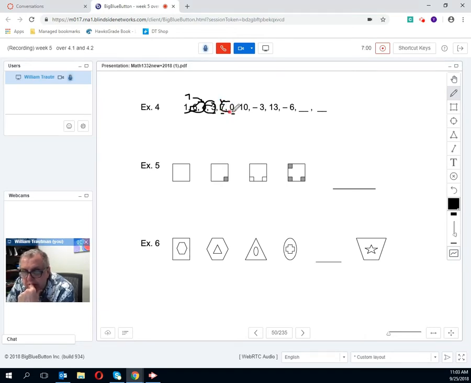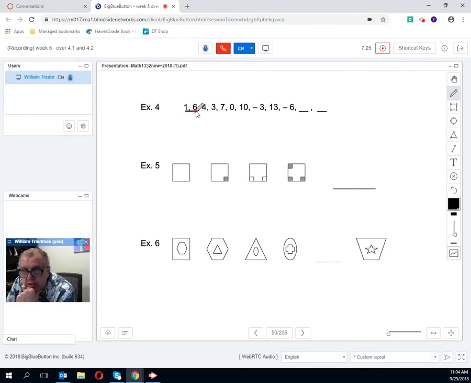Add these two up and subtract this one. That's 7 minus 10, you get negative 3. Add these two up and subtract this one. That's 10, and subtract a negative 3. 10 minus a minus is a plus. So you have to add the previous two and subtract the third one. That's what you have to do.